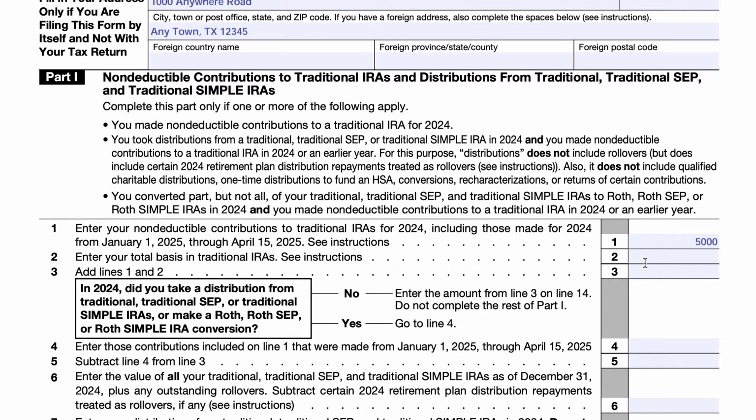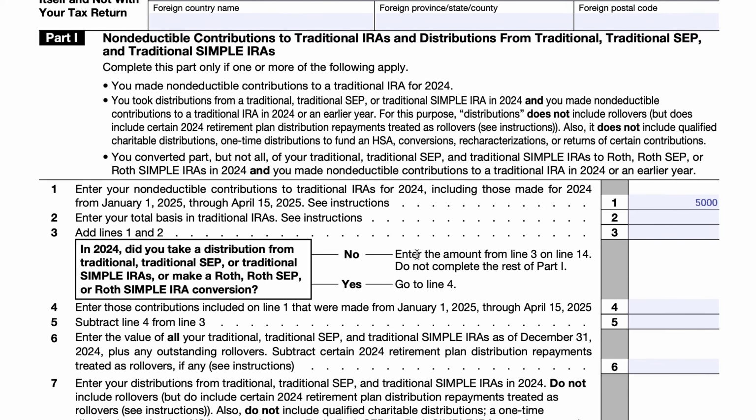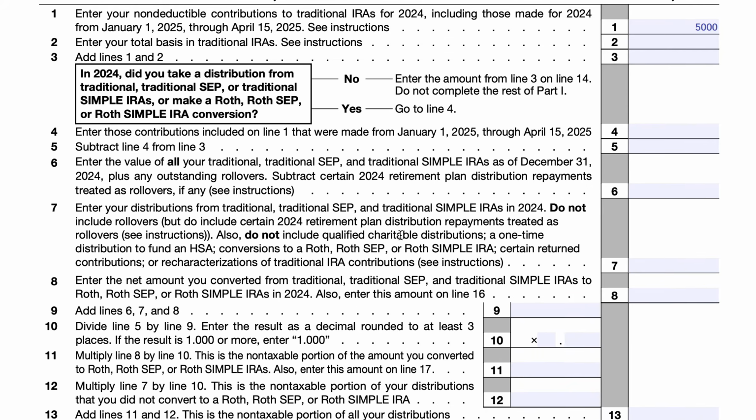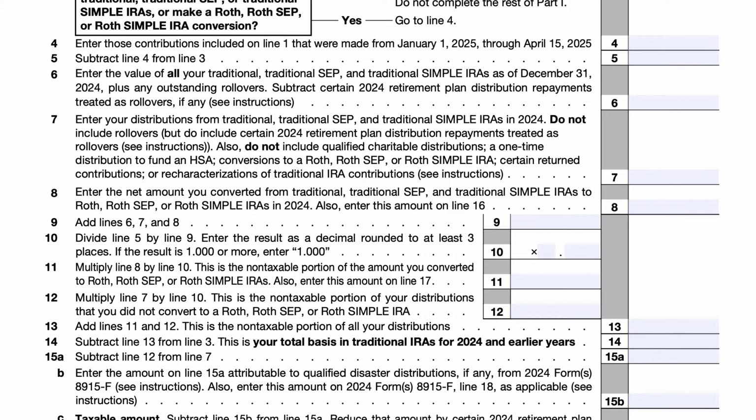If your previous contributions were all deductible contributions, then your basis will be zero. Generally speaking, you're going to grab this basis from the prior year basis, which for 2024 taxes, is the amount that you would carry over from prior years.